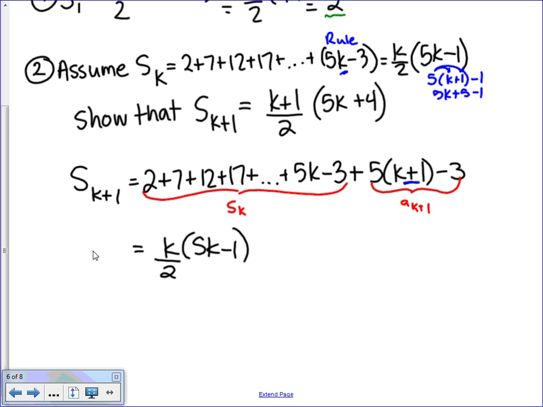So that's all of S sub k. This is still S sub k. And then over here I could do my distribution and combining like terms. This would be 5k plus 5, and then minus 3, which is 5k plus 2. So this is now representing a simplified k plus 1 term.